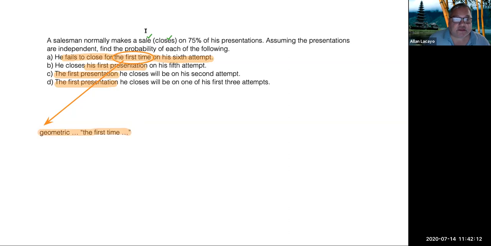So now let's look at the text of A, B, C, D. So in the first case, we're looking at x being equal to 6, but it's about failing to close. Okay, so we have to be careful with the language here. And notice that we're talking about failing to close. Whereas here we're talking about closing.